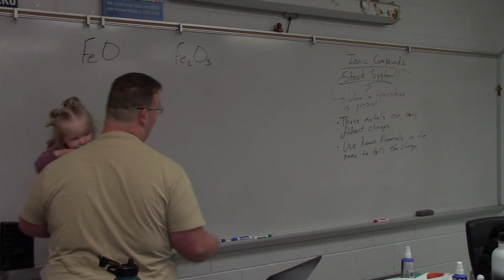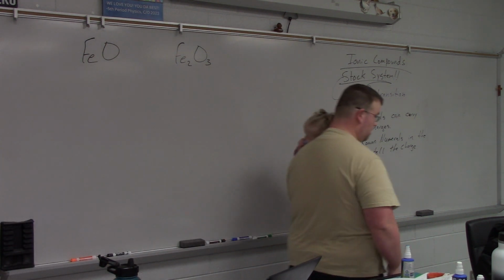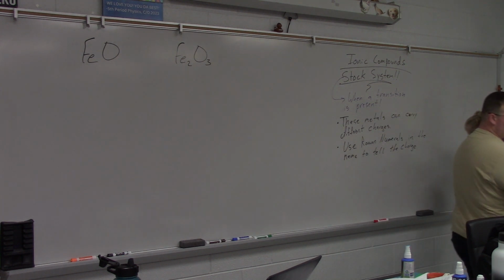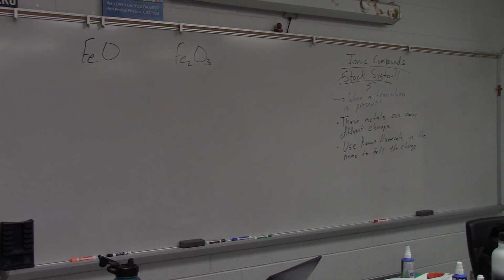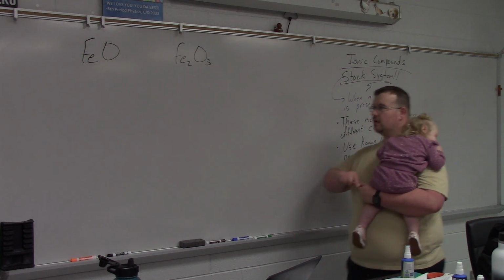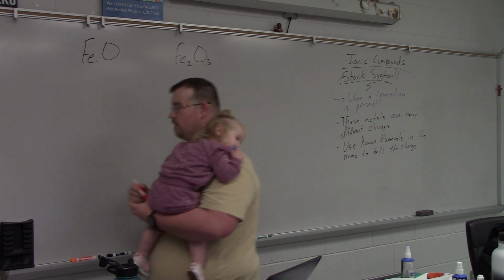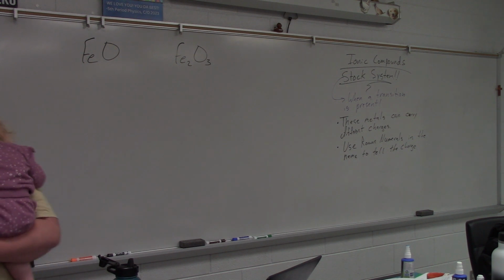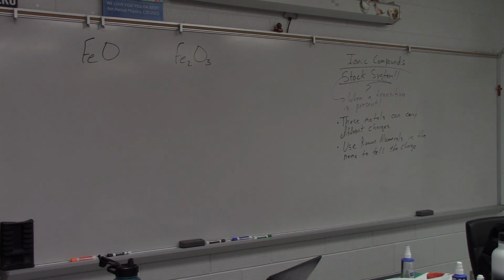So here's why we have to have a different set of rules. You're going to look at me, and if you go with the rules that you know so far, you're going to look and say iron oxide. That's wrong. Well, they're both iron oxide. What's the difference? There's a different charge on the transition metal. Since we have different charges on the transition metals, we have to look at this from the perspective of finding their charge.